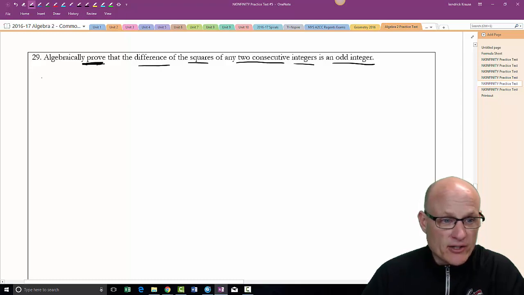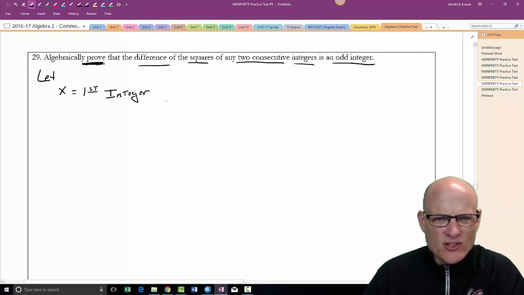Well, let's say my integers: let x equal the first integer. Then my next consecutive integer would be x plus 1, equals my second integer. I feel like I'm back in algebra.